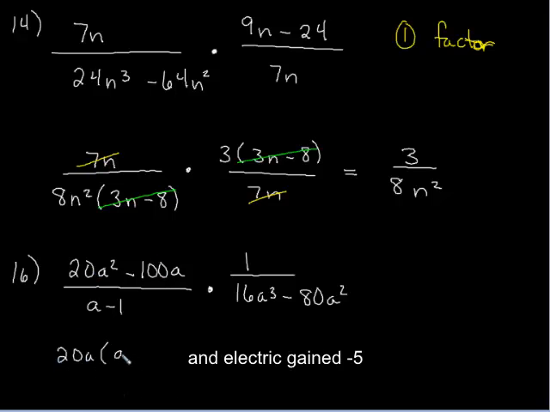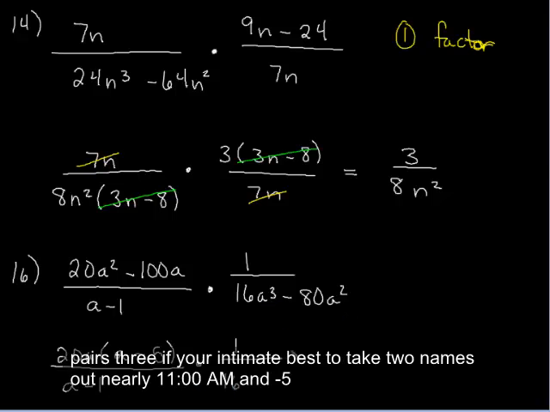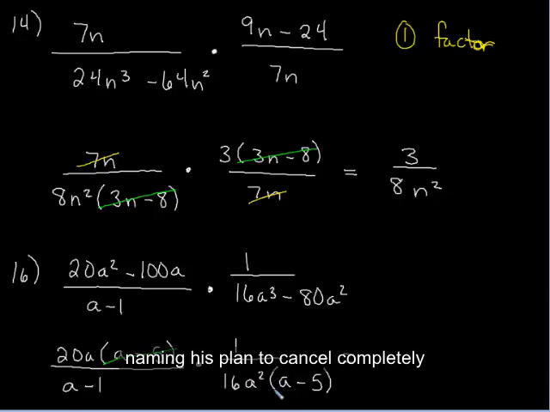And I'm going to be left with a minus 5. And I have a minus 1 and a 1. And 16 and 80 will both divide by 16. And there's 3 a's here and 2 a's there, so I'm going to take 2 a's out. And we'll be left with an a and a minus 5. The a minus 5s will cancel completely.